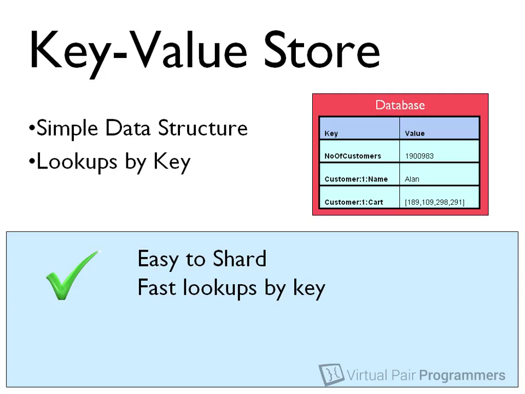Because of the way the data is stored, there's no relationship, so it's not at all complicated to separate the data into multiple computers. And a really important feature of a key value store is lookups are really fast. And by a lookup, I mean searching for a value by its key. Doesn't matter how big the data is, it will always be quick to retrieve a single item using its key.